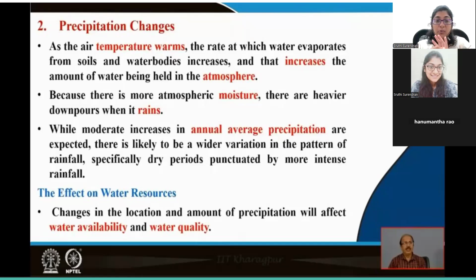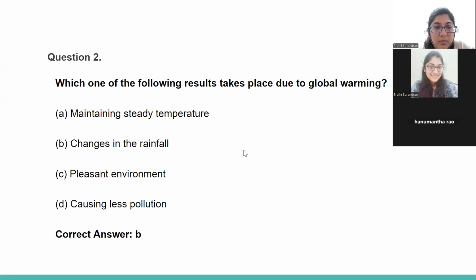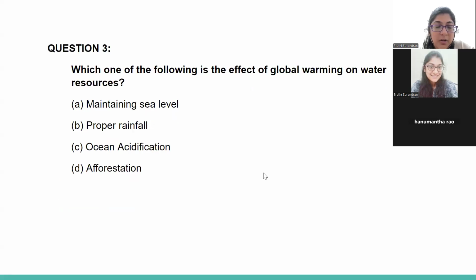Now, how is this changing? Excessive heating results in excessive evaporation, which results in excessive rainfall, occurring in a very erratic pattern, not in the usual way that is generally predicted for a region. So the correct answer is changes in rainfall.